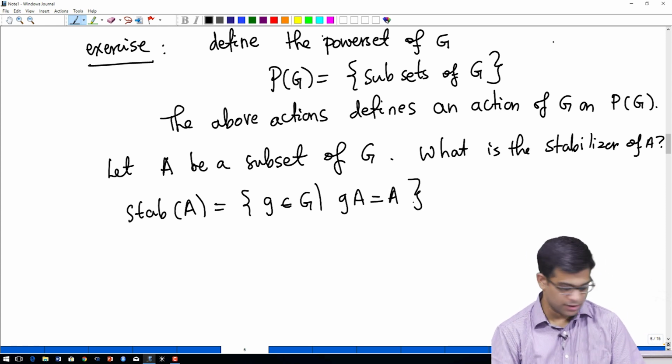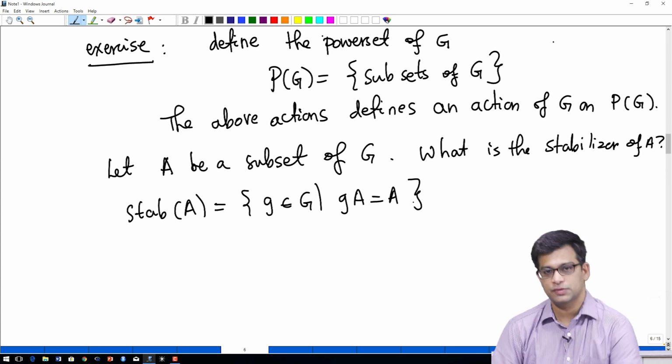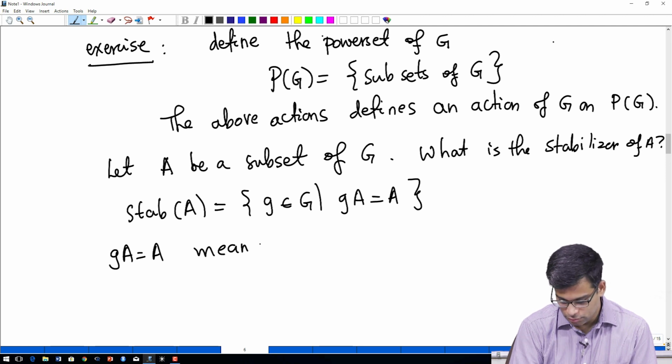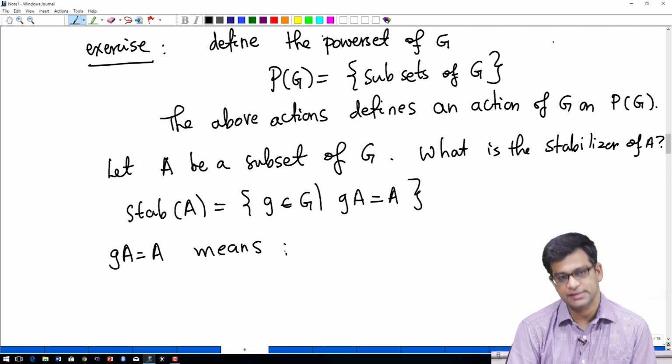So, stabilizer is this. I want to stress here that gA equal to A means, what does it mean?